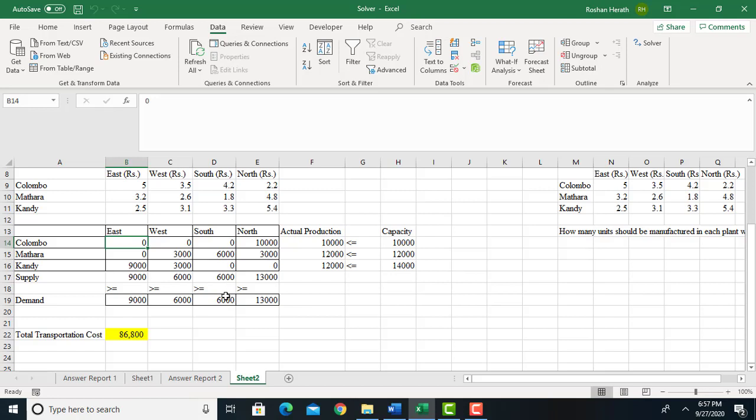South, there you had 6,000 demand and you have achieved that. The north, yes, 13,000 demand was there, and you have achieved that 13,000. And you can do this at a cost of 86,800.